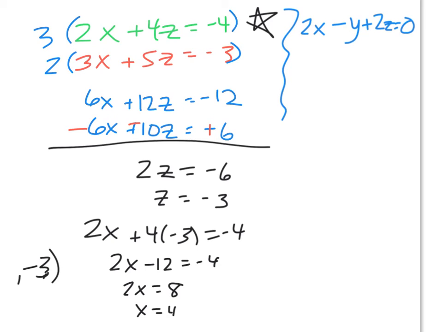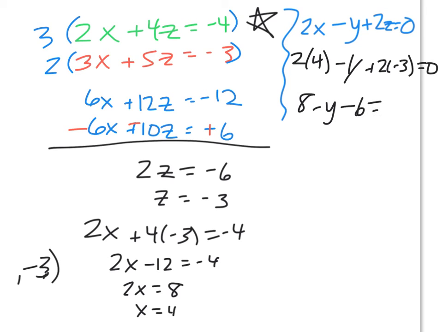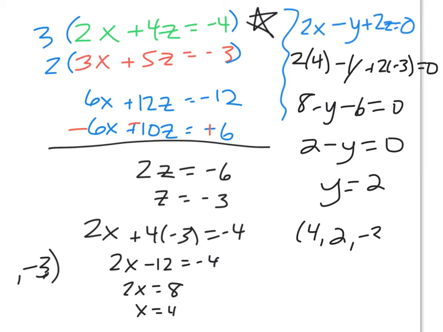So that's going to be 2 times 4 minus y plus 2 times negative 3 equals 0. So 8 minus y minus 6 equals 0. 2 minus y equals 0, which is going to tell me that y has to equal 2. So my point is 4, 2, negative 3.